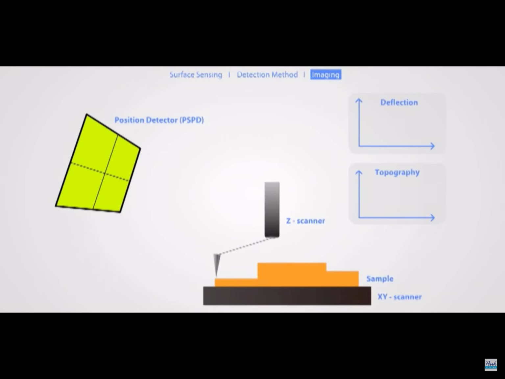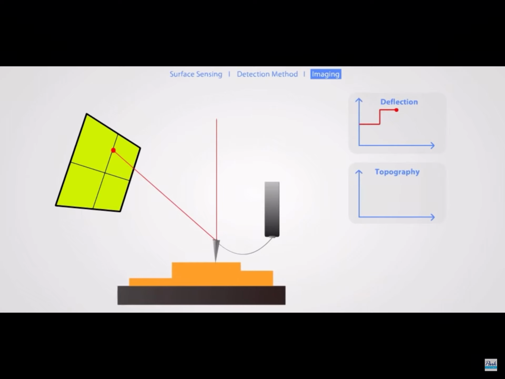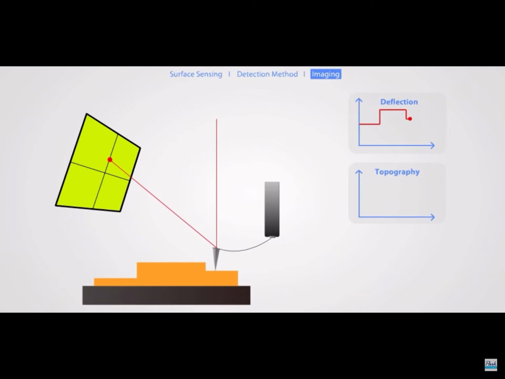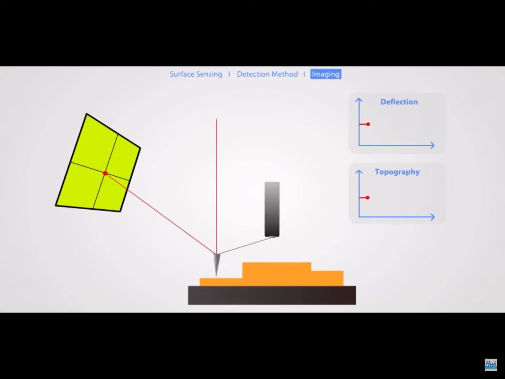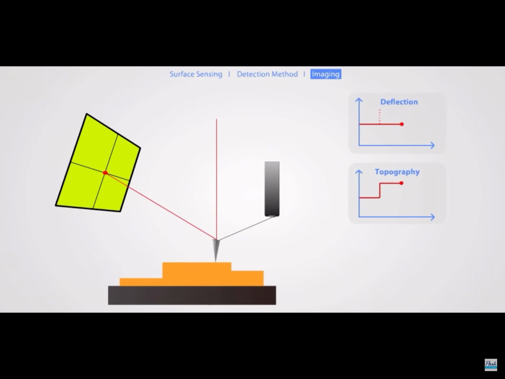Using the detection method explained earlier, an AFM images the topography of a sample surface by scanning the cantilever over a region of interest. The raised and lowered features on the sample surface influence the bending of the cantilever measured by the position detector. AFM generates an accurate topographic map of the surface by using a feedback loop to control the height of the tip above the surface.